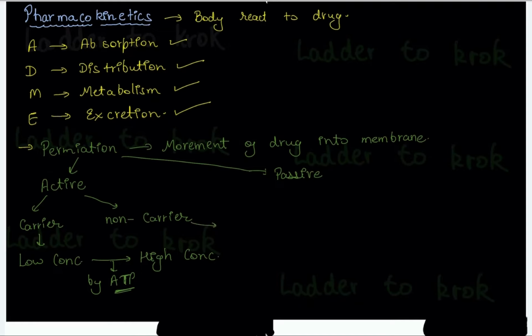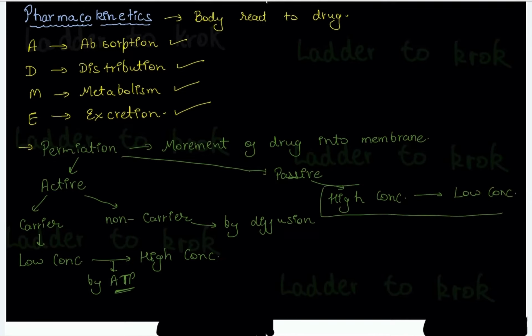This non-carrier is by diffusion, and this passive is from high concentration to low concentration. It's very normal. Normally any movement in this world is from high concentration to low concentration.